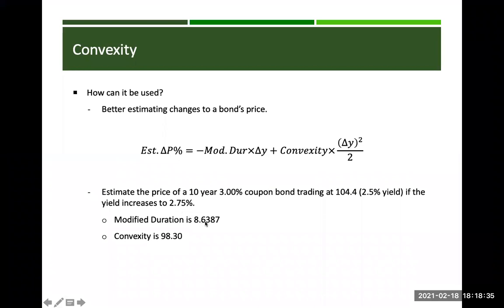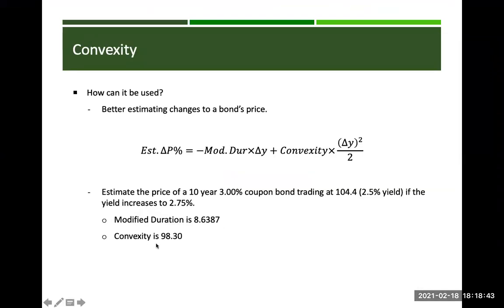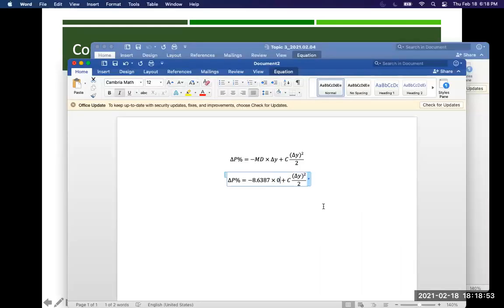Right, modified duration, 8.6387. Change in yield. So we're going from a 2.5% yield to 2.75% yield. So that's 0.0025, 25 basis points.